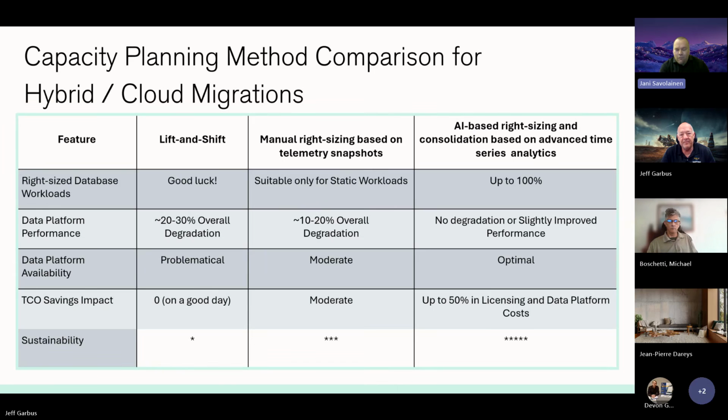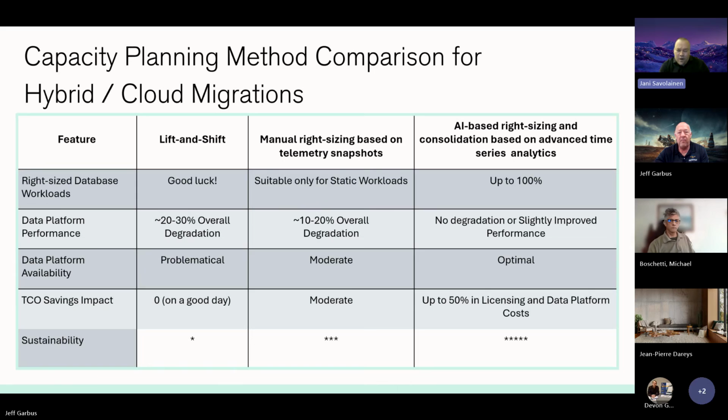You may have a 1 hour or 1 day snapshot, but you're missing the weekly patterns, the weekend and service break patterns, and also the monthly patterns and trends, which is very important for longer term capacity planning. So there are several problems in manual right sizing, and it still doesn't help a lot with the TCO savings.